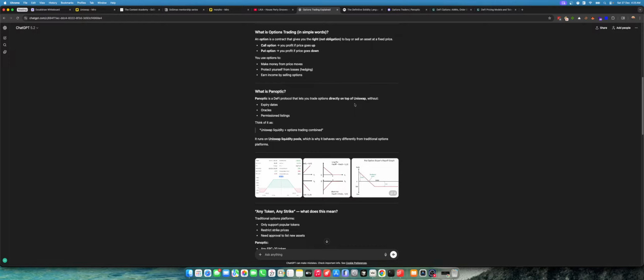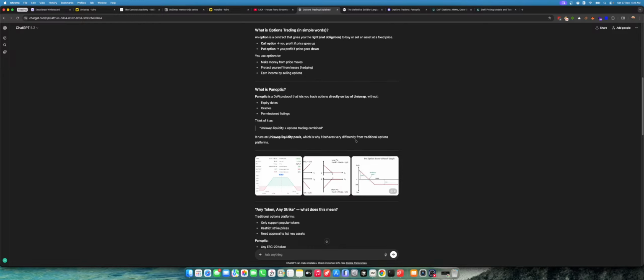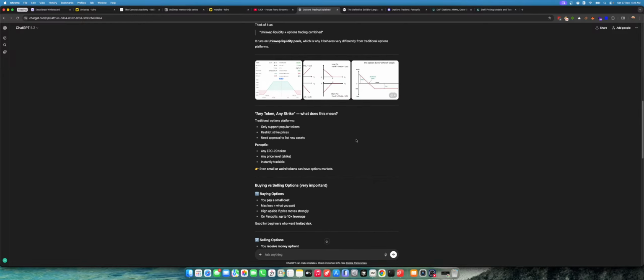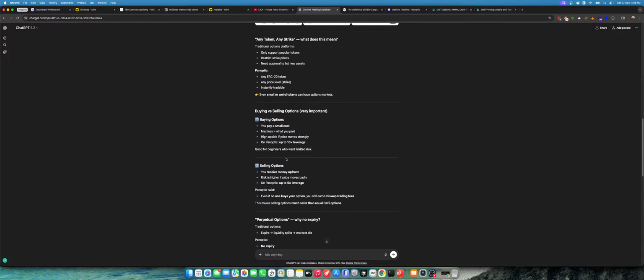Options is basically movement, right? And think of it as plus. Okay, so I think they are trading on liquidity, right? Which is why it behaves different from traditional options. And strike prices, I don't understand what strike prices are. On any new ERC20 token, any price level strike is instantly tradable.